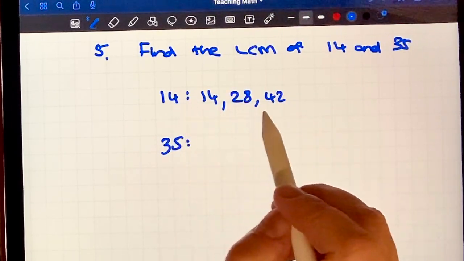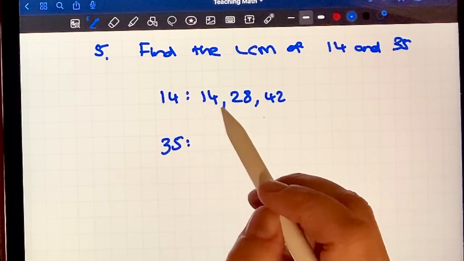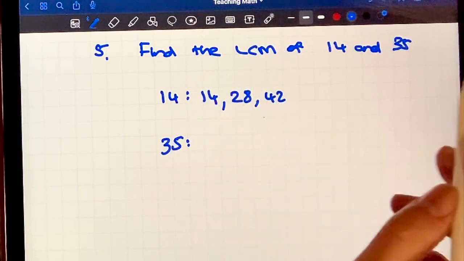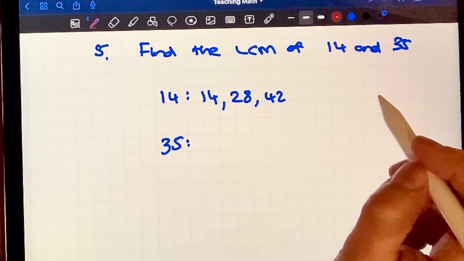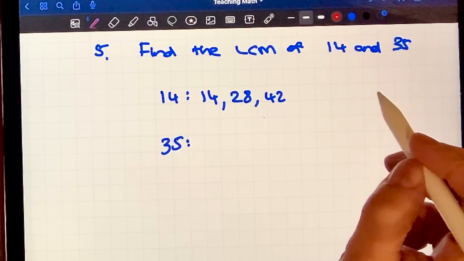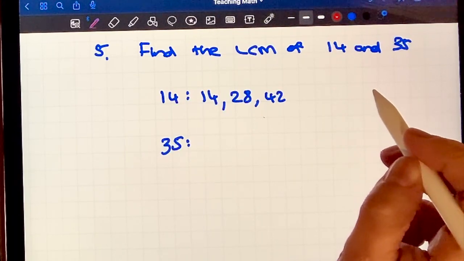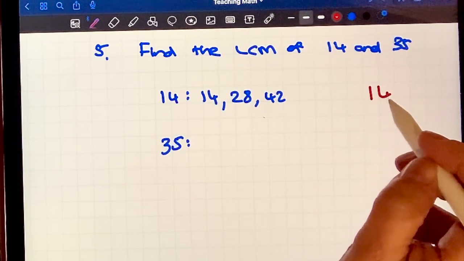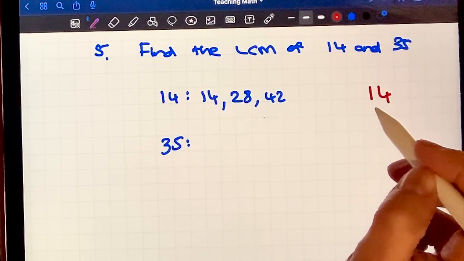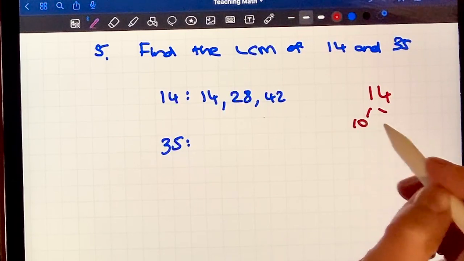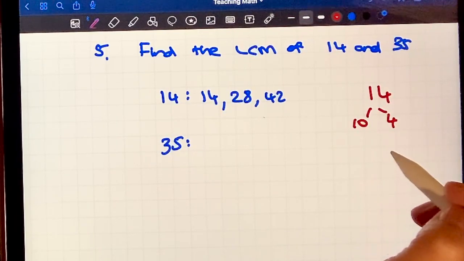But if you don't like to use it, it's a mental strategy called partitioning, by the way, and maybe I'll just do a very quick showing of how to do that. So in partitioning, you're taking the number and saying 14 is actually made up of 10 and 4.